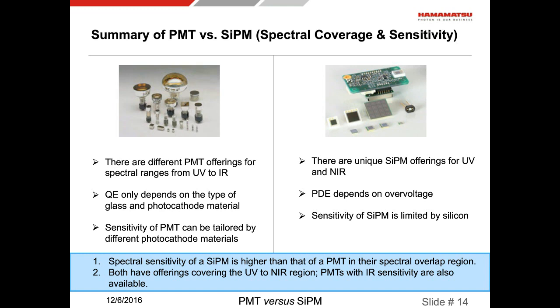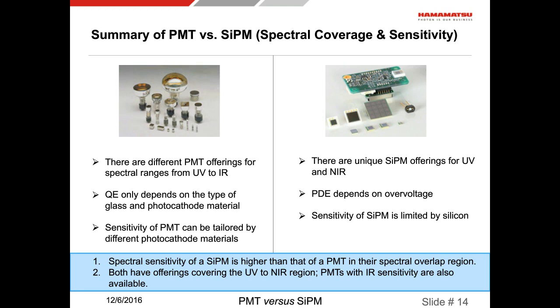Let's summarize the spectral coverage of the two devices. There are different PMT offerings for spectral ranges from UV to IR. In fact, PMTs can be easily optimized and customized to cover the required ranges of electromagnetic radiation.